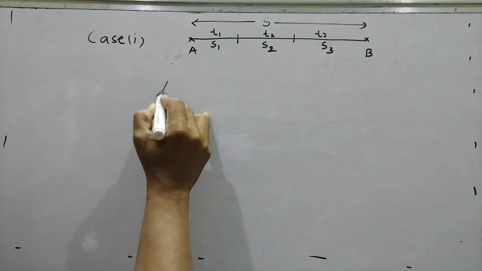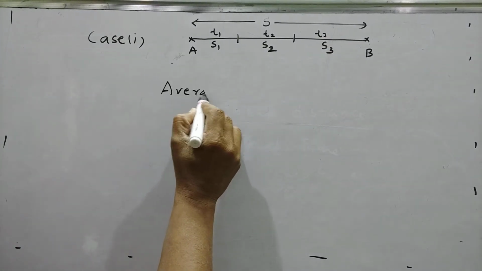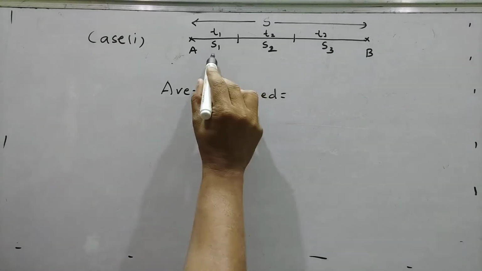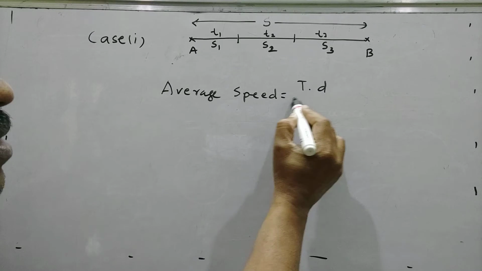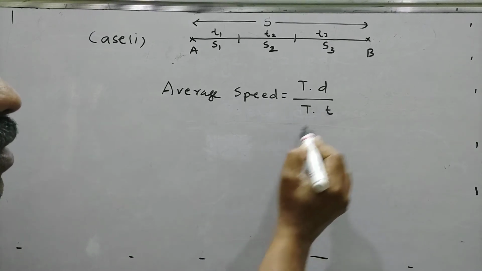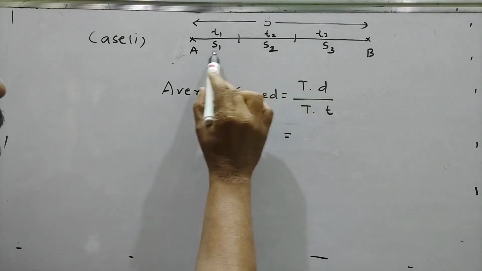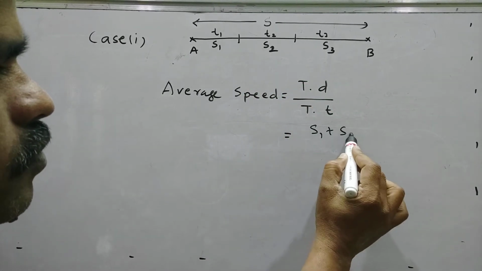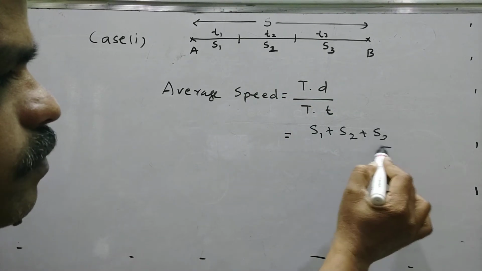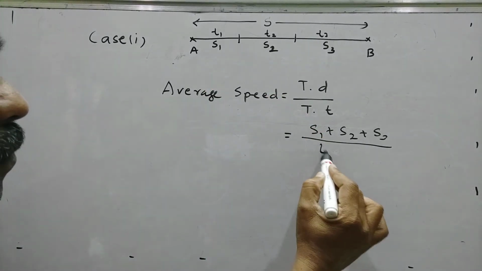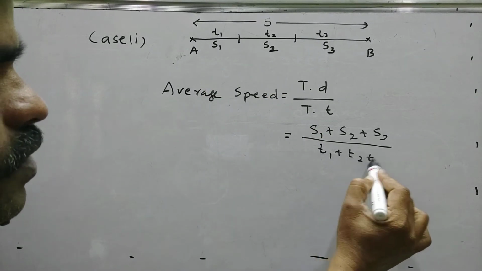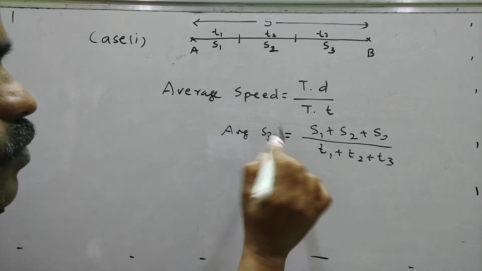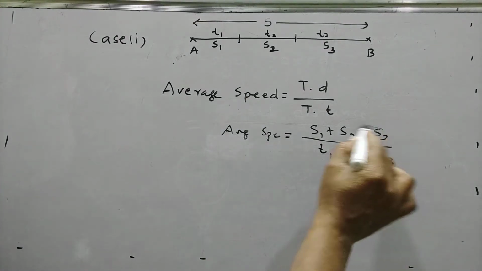In this case, average speed equals total distance by total time. Total distance means S1 plus S2 plus S3, by T1 plus T2 plus T3. This is average speed. This is the first case.